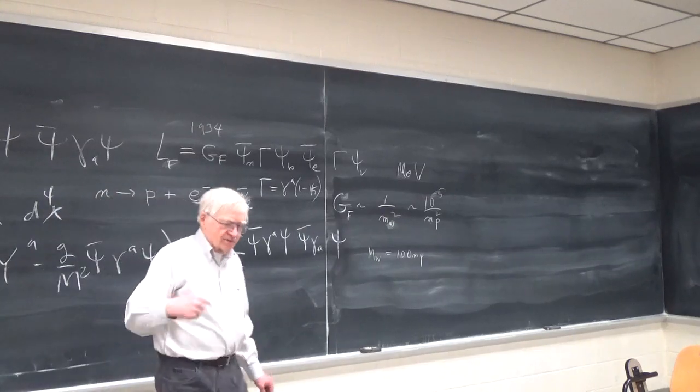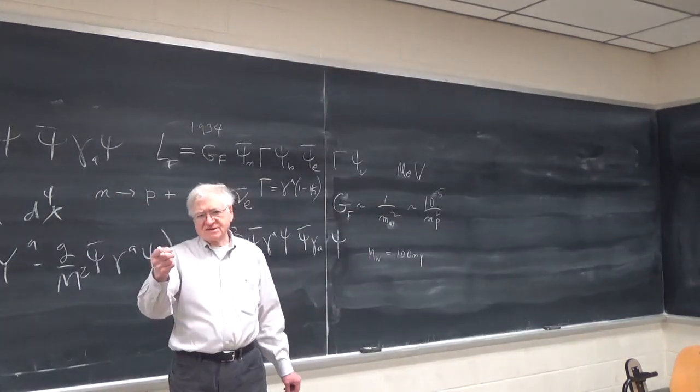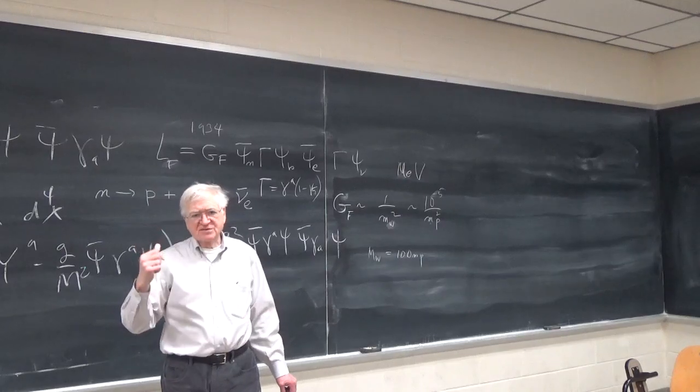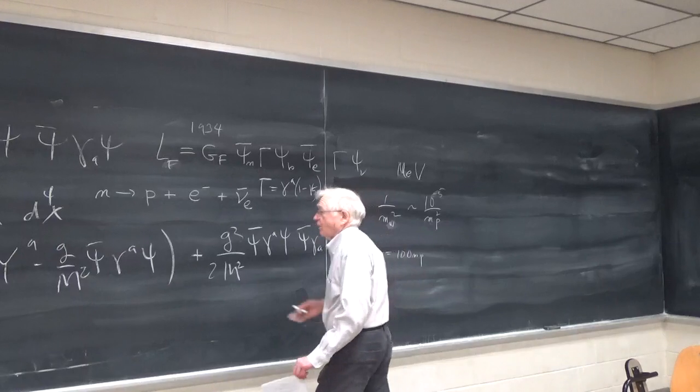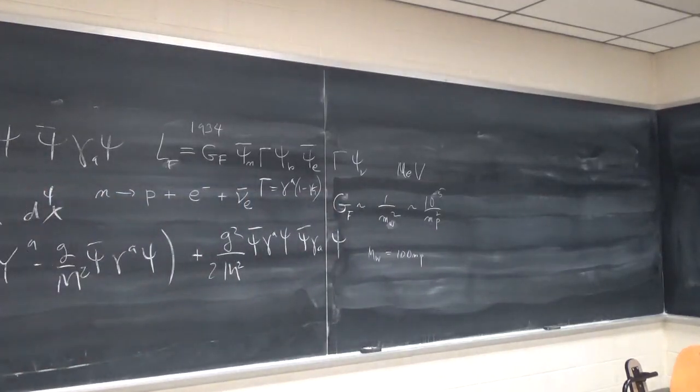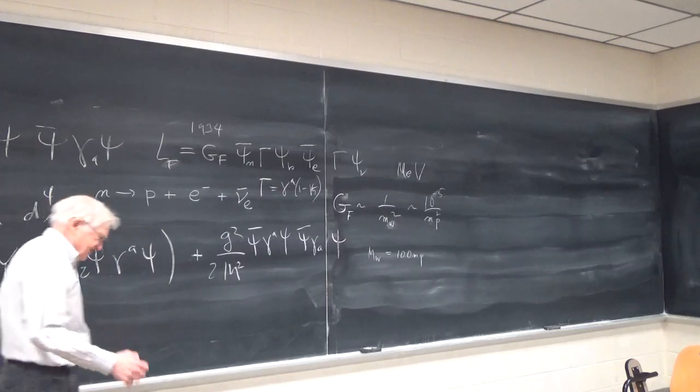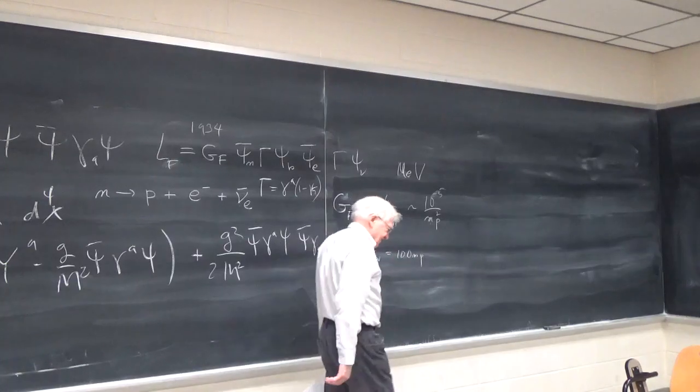Okay, let me now go to what is the correct way of doing this, namely that whereas over here I was talking about the scale of grand unification or some mass scale that's hundreds or thousands or millions or trillions of GeV higher, in other words, 10 to the 15th GeV, 10 to the 19th GeV.